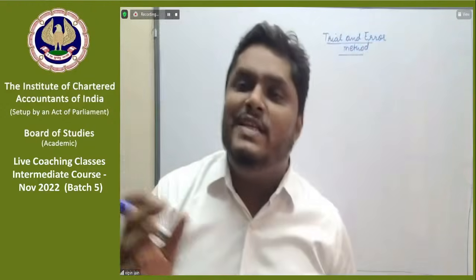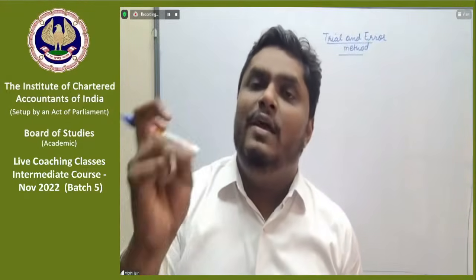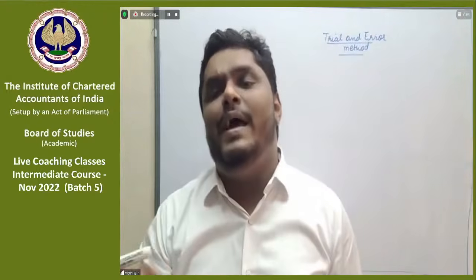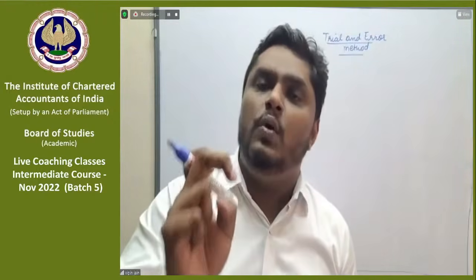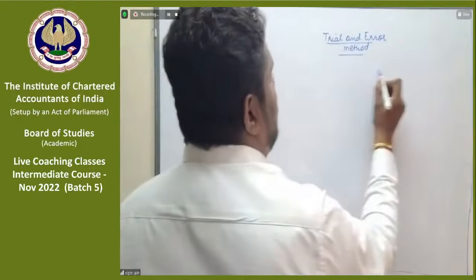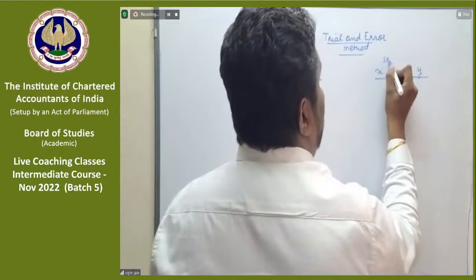Herein we first calculate the total overheads of X and Y, and then we distribute the overheads of these service departments to the production departments. Let's say there are two service departments, X and Y.